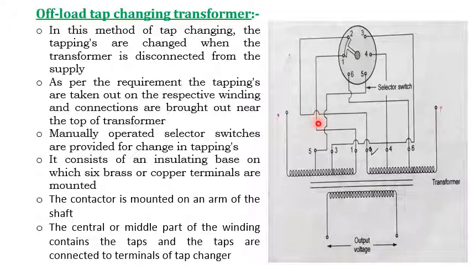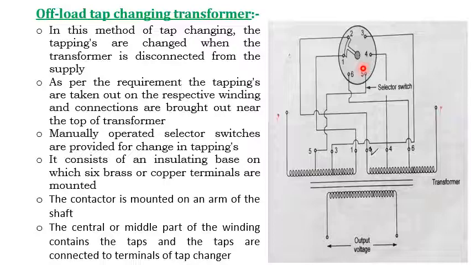Similarly, the second point of the winding is connected to the second terminal of the tap changer, and the third point is connected to the third terminal, and so on. So this is the construction feature of the off-load tap changing transformer.